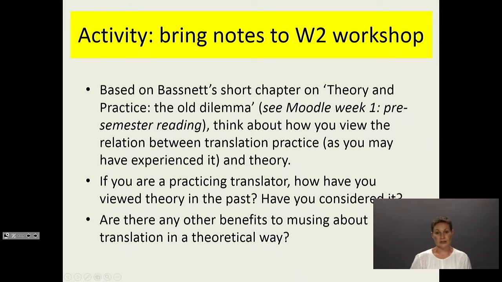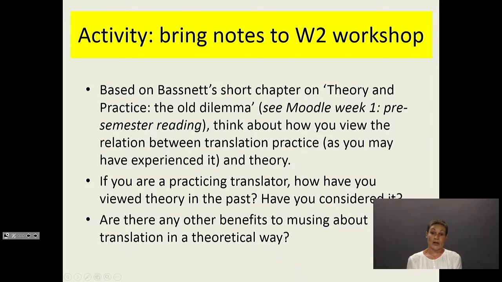Another activity I'd like you to do, based on Bassnett's short chapter that I've asked you to do as a pre-reading for the semester, is to think about how you view the relation between translation practice and theory. So some of you might have already done some translation, some of you might have actually been professionals in some way, shape or form, but how you understand the relation between translation practice and theory.